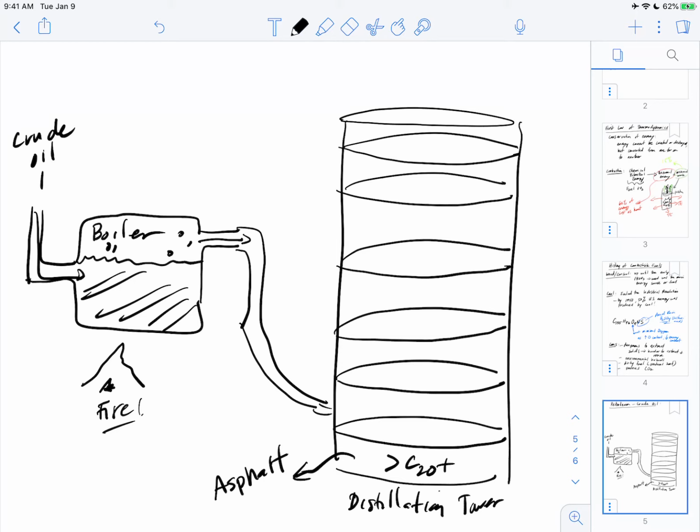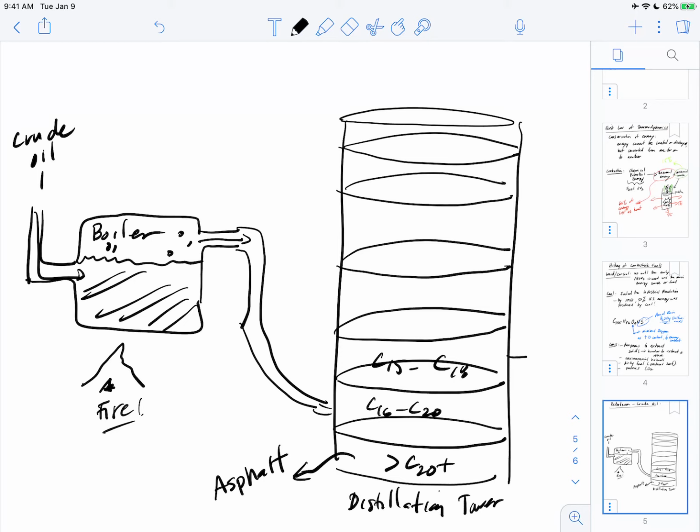Compounds between C16 and C20 are too big for anything, so we're going to come back to these. And even C15 to C18, they separate out into two different layers.